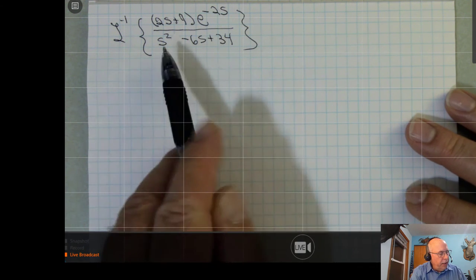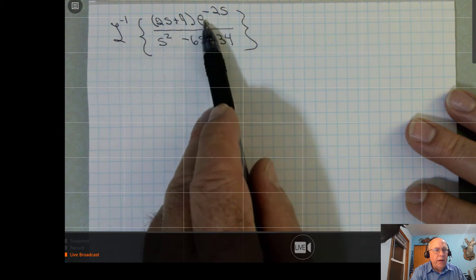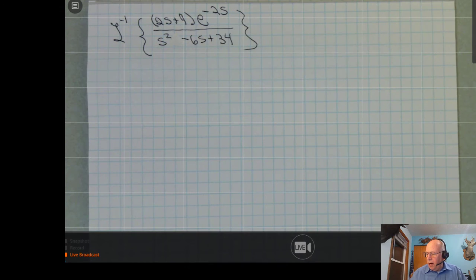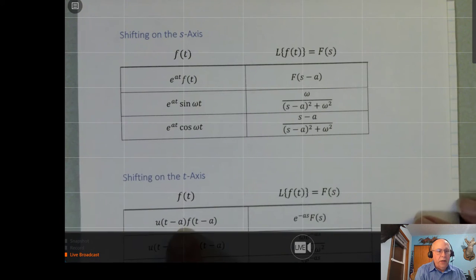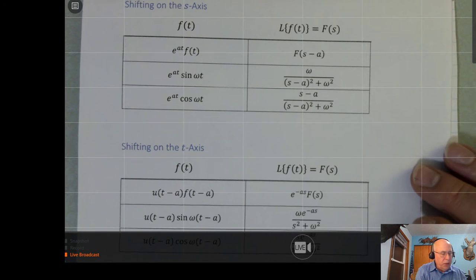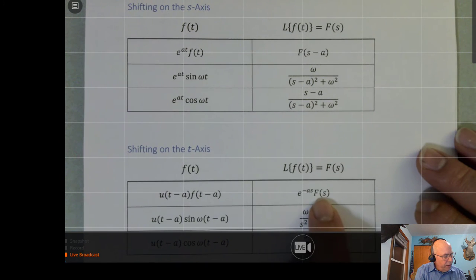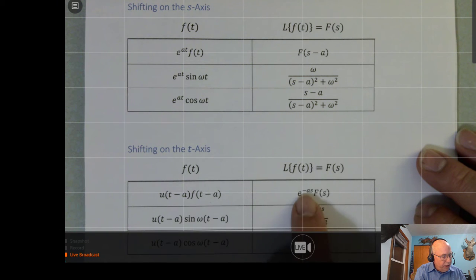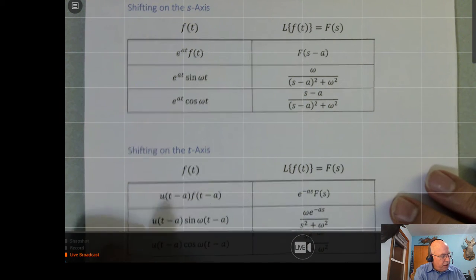Now, when I look down here, I notice first of all that I've got this e to the minus 2s. Well, that's going to take us back to this first shifting theorem, and so I'm expecting to work out the inverse transform back to little f, just ignoring that for the time being. And then once I do that, I'll introduce a shift on the t-axis.